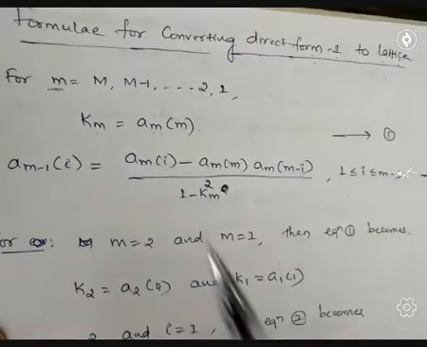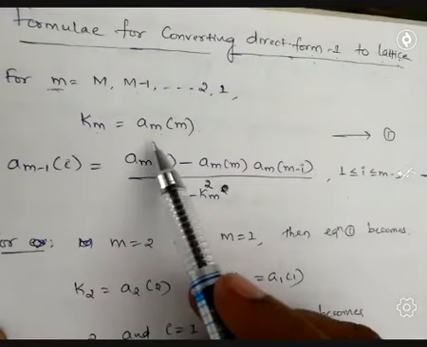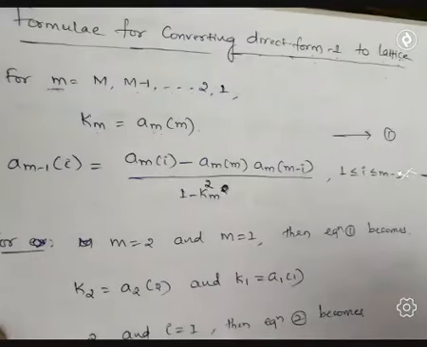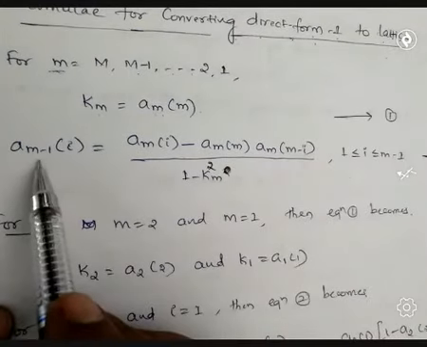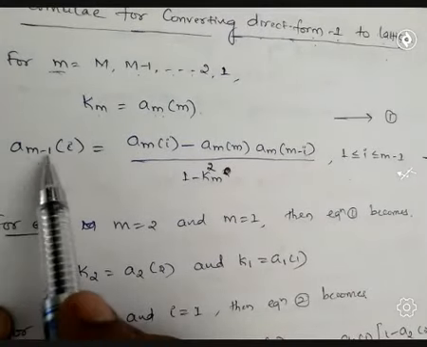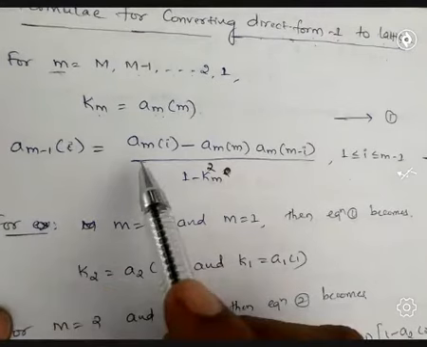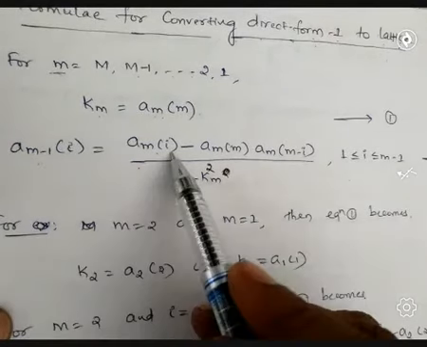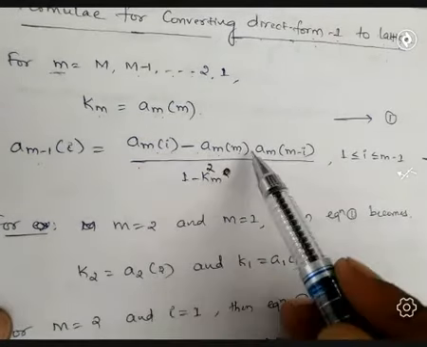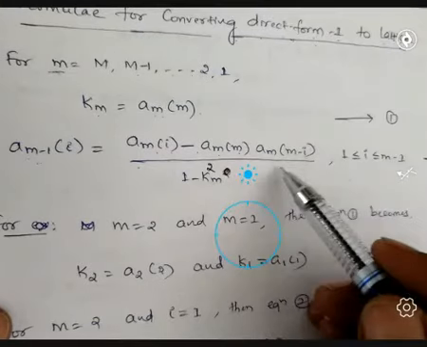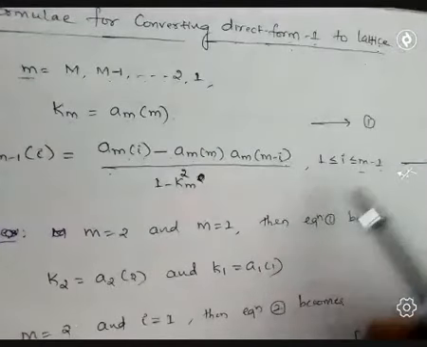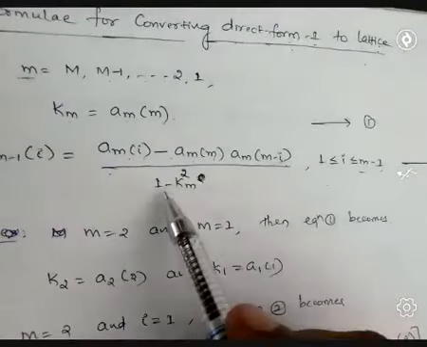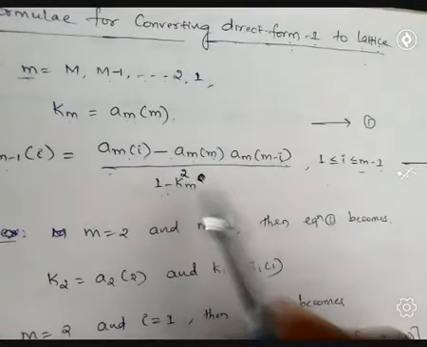It is a general representation of the coefficient of the lattice structure. Then the formula for calculating the coefficients is Am minus 1 of i equal to Am of i minus Am of m multiplied by Am of m minus i, where the value of i goes from 1 to m minus 1, divided by 1 minus Km square.